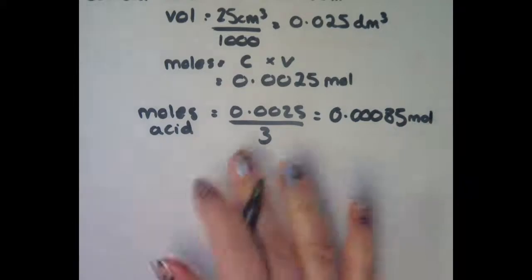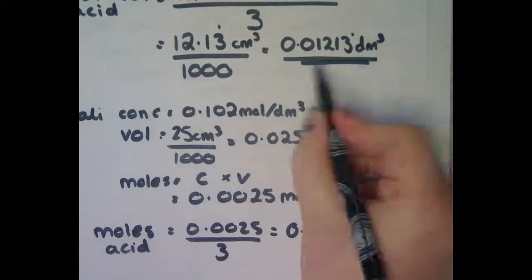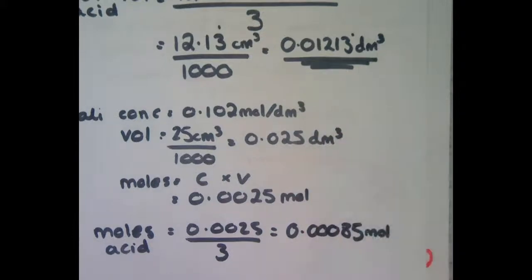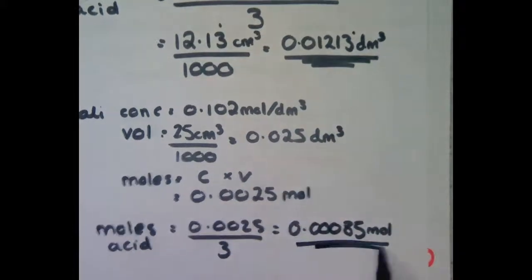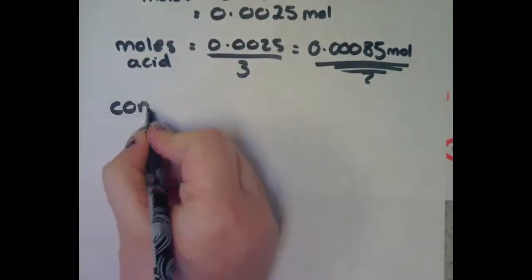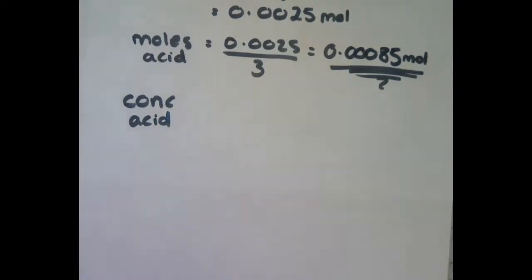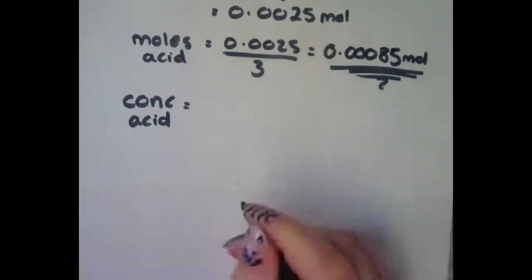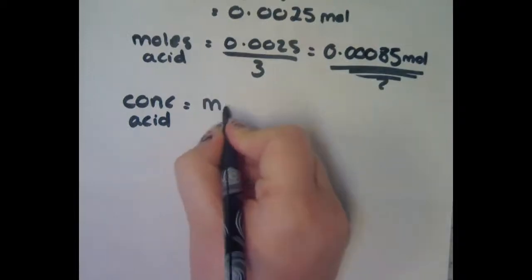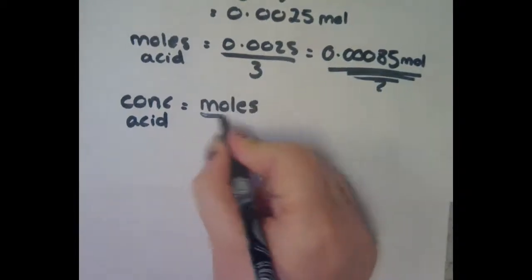From the first part where I've answered, I have got my volume of my acid. I'm going to have to pop these together to get what my concentration of my acid would be. So the concentration of my acid, using the formula triangle, it's moles over volume.